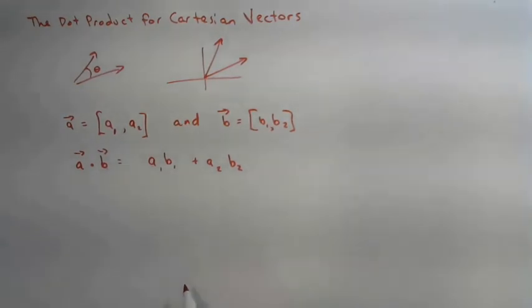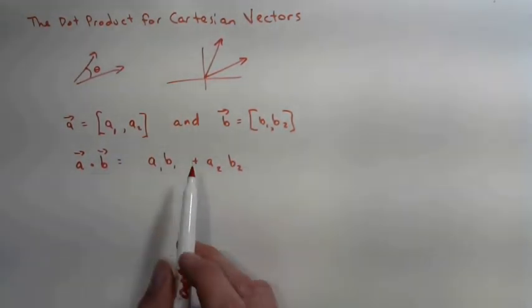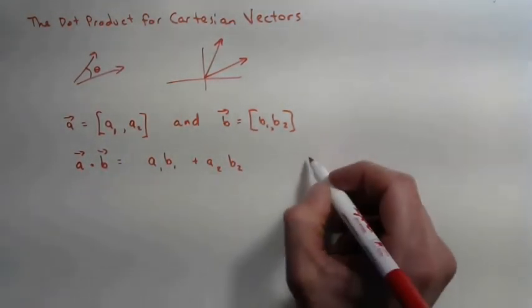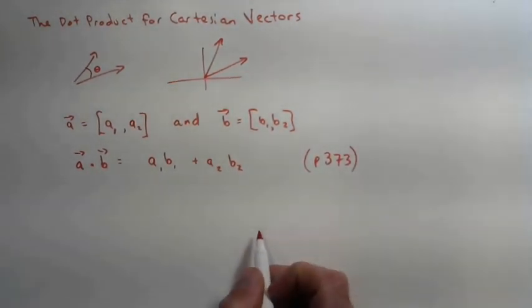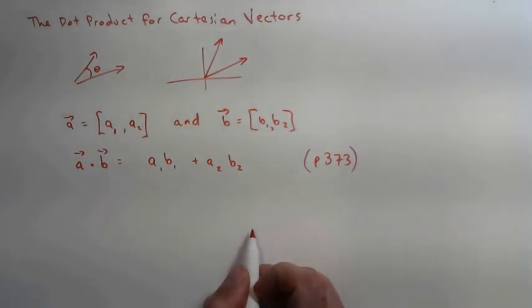And again, if you'd like a more full explanation of this, you can head to page 373 to see how that proof works through a triangle ABC and the cosine law.